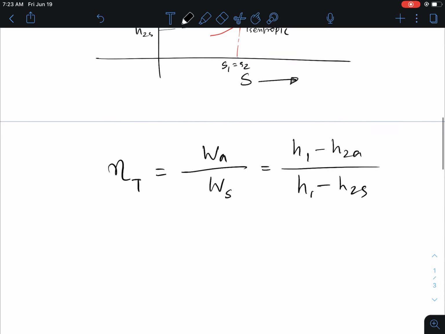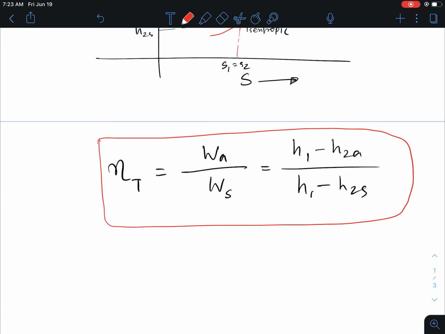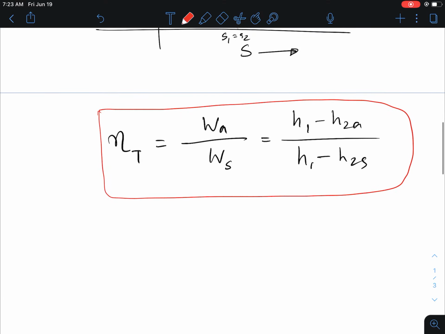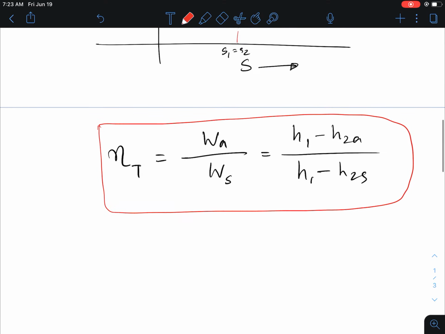This is the isentropic efficiency of a turbine if that turbine works at a constant mass flow rate or steady flow condition. That's the efficiency expression we're going to use in math problems.